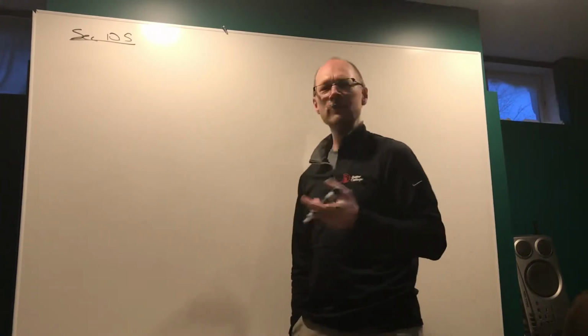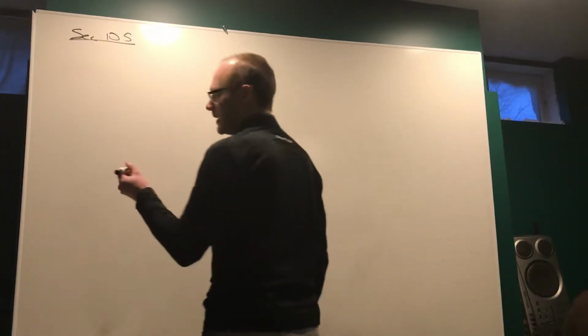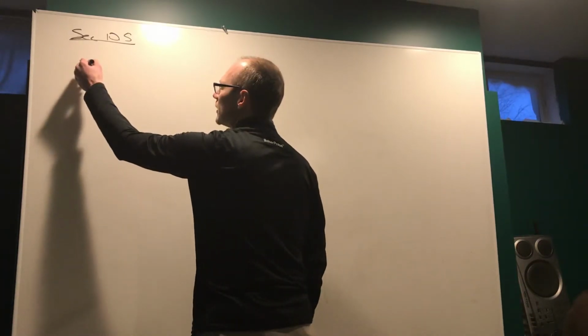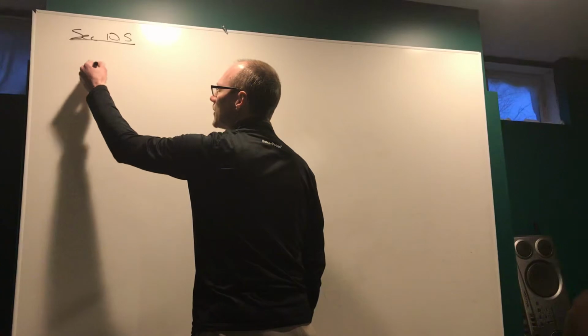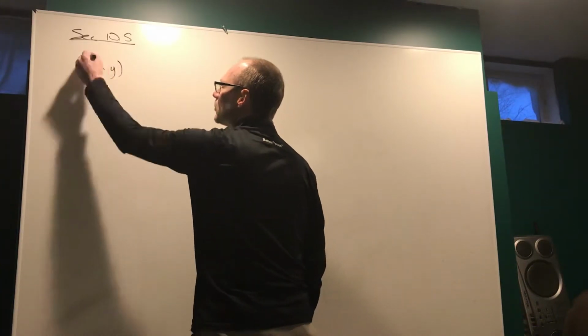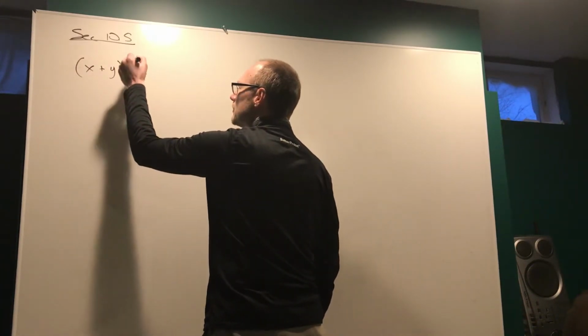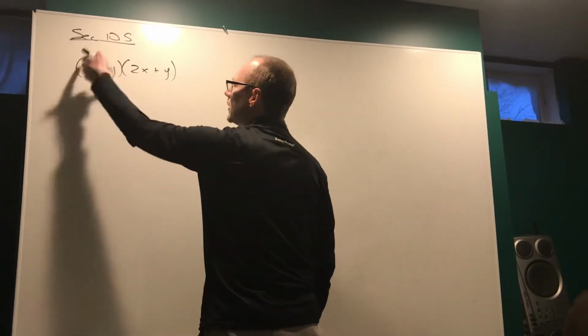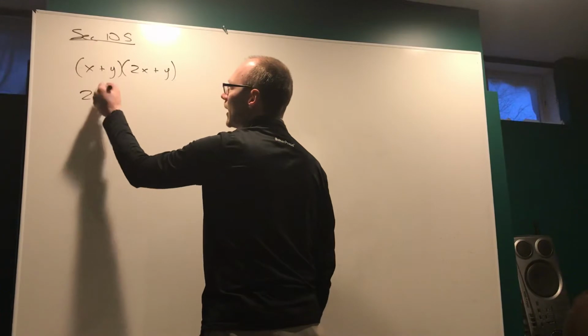But section 10.5 goes back to multiplying radical expressions, and a lot of it has to do with FOILing. If we have x plus y times, say, 2x plus y, we FOIL this and get 2x squared.